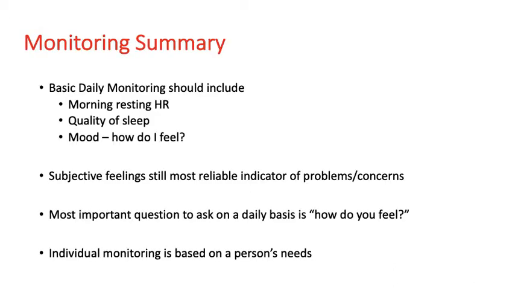Okay, so a quick little summary on monitoring freshness and fatigue. What I like to include is a basic daily monitoring tool, and this should include monitoring the individual's resting heart rate. This is as soon as you wake up, not to an alarm, because the alarm will increase your sympathetic nervous system activity and increase your heart rate. But this is when you've been lying in bed for 5 to 10 minutes and you slowly take your resting heart rate.